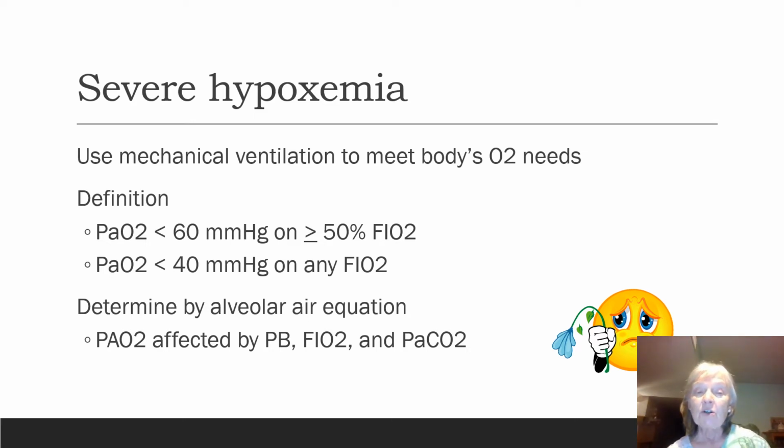Moderate hypoxemia starts at less than 60, but here's an extension of that definition: less than 60 millimeters of mercury on an FiO2 that's equal to or greater than 50, or a PaO2 less than 40 millimeters of mercury on any FiO2. So if you have a patient who's on 100% oxygen, you do an ABG, their PaO2 is 38, they have severe hypoxemia, and we need to go ahead and try to determine what's going to happen to them to be able to reverse this, okay?